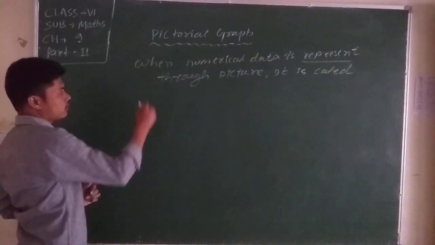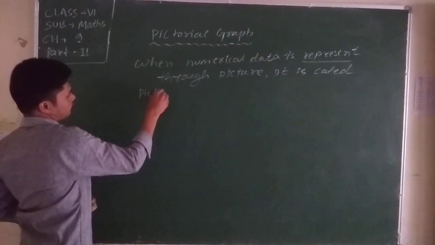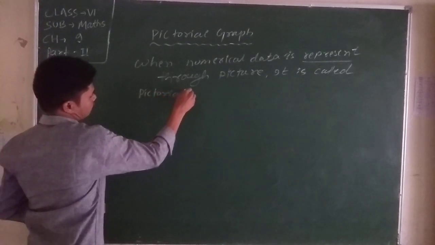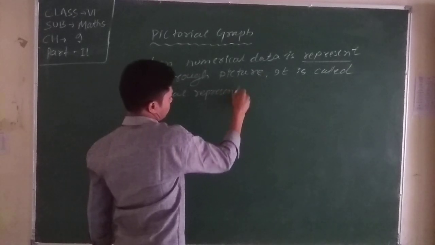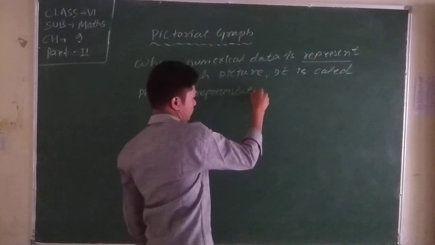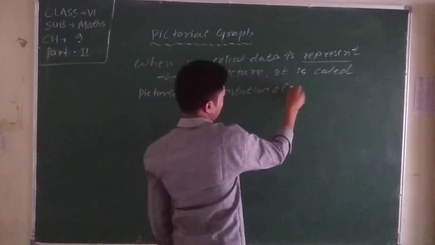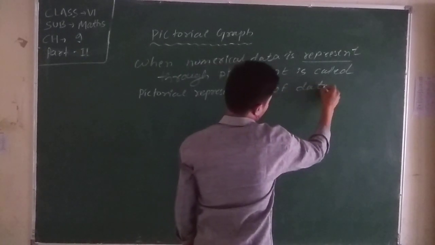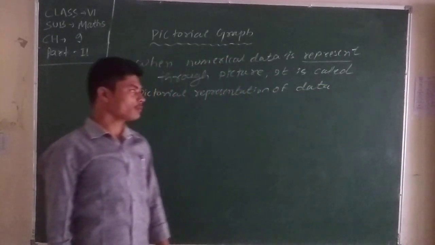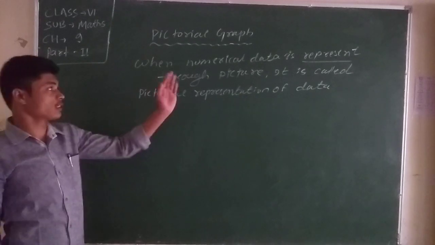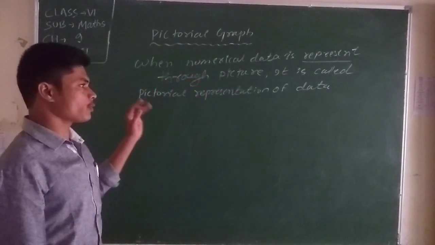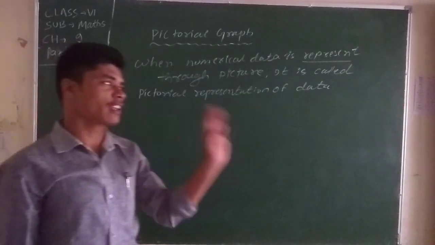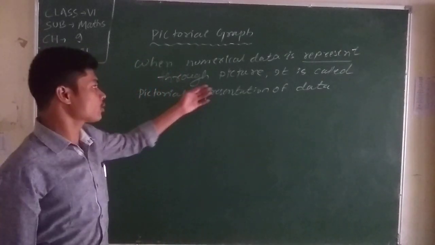Okay, pictorial representation of data. How can it represent? It means when we represent numerical data, like 5, 6, 10, 11, we take any numerical data and represent it through pictures.